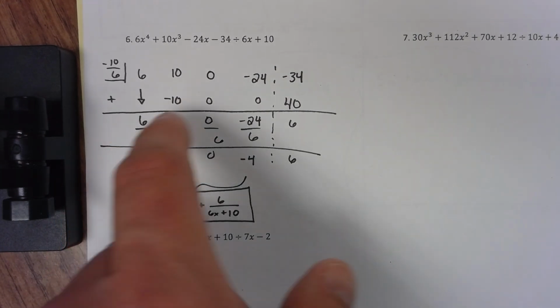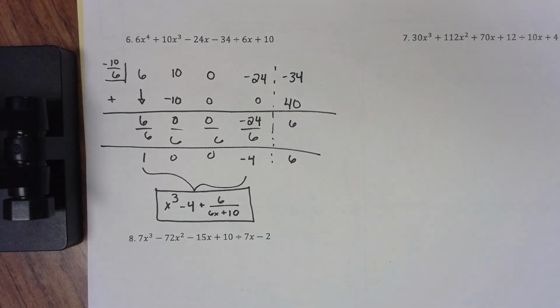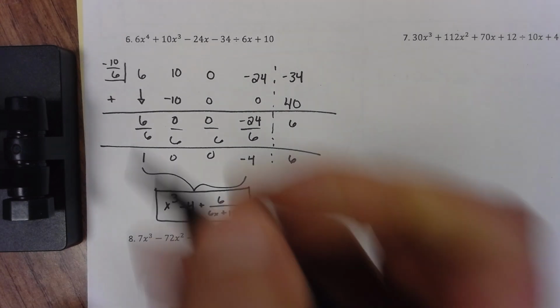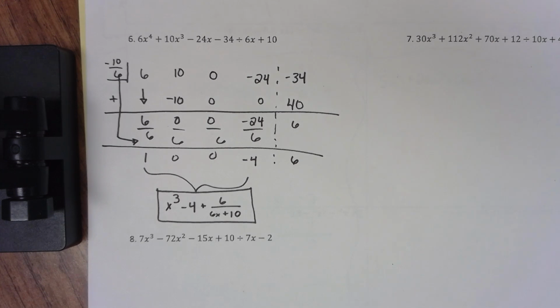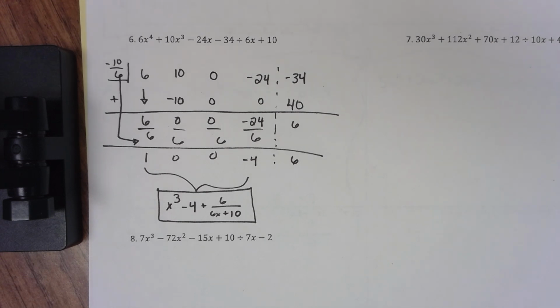So that 6 and the negative 24 have a GCF of 6. And you can pick up on that GCF by whatever was in our denominator to begin with. So all those get divided by 6, making our quotient and the result of the division x cubed minus 4 plus the remainder of 6 divided by what we were originally dividing by, which is 6x plus 10.